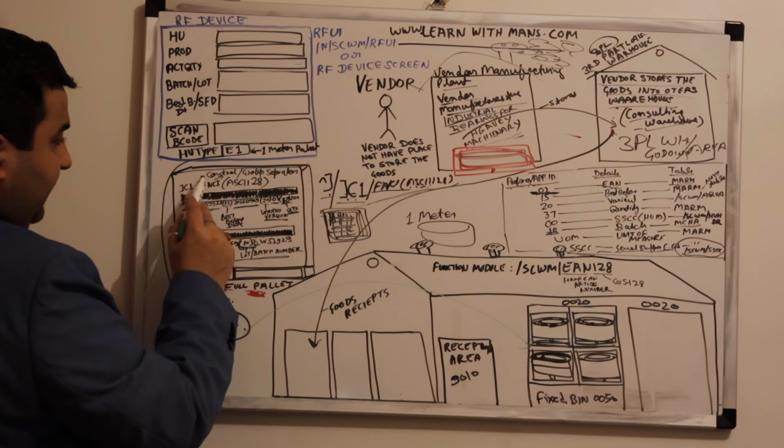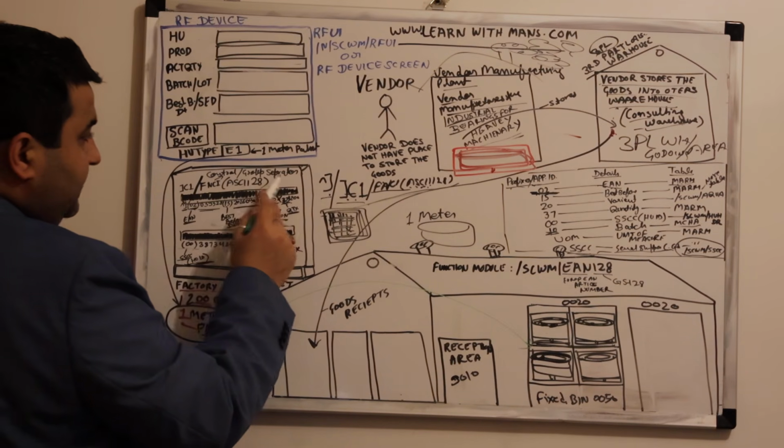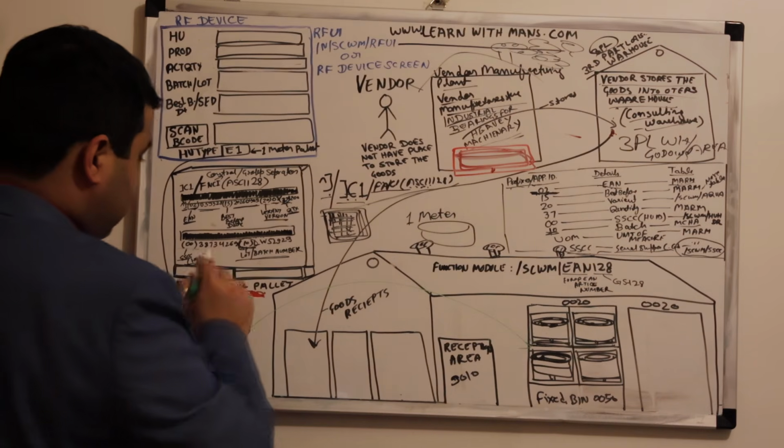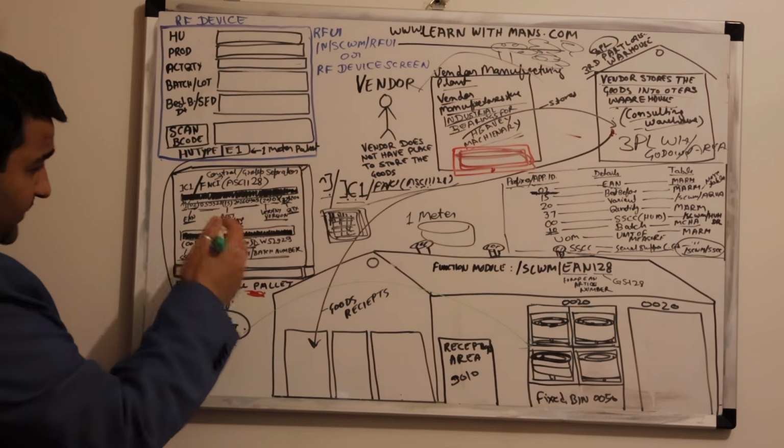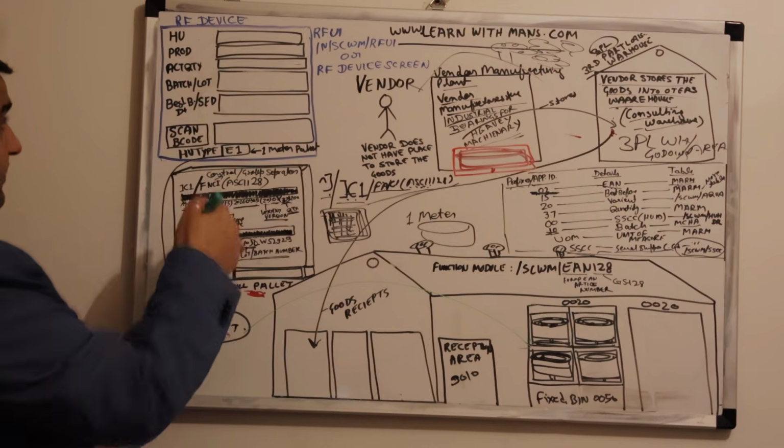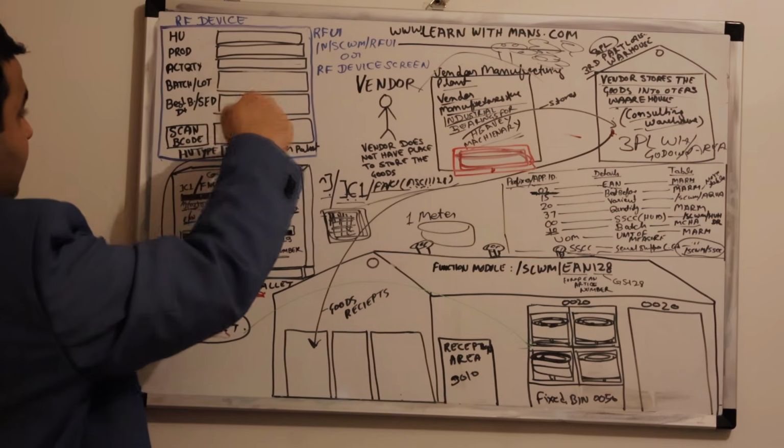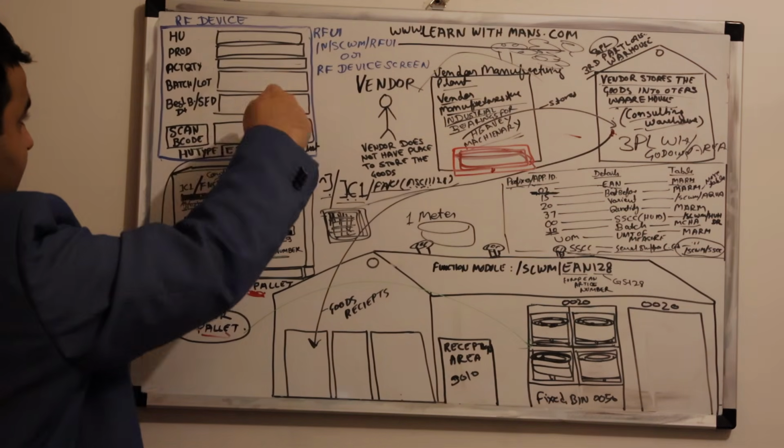So FNC1 indicates the control group separator. These are the standards. So the warehouse workers scan these barcodes.